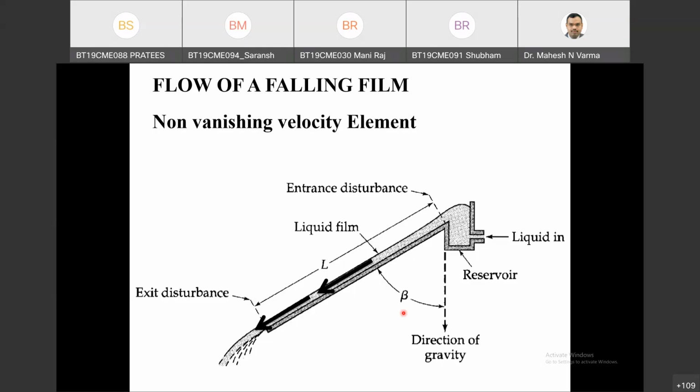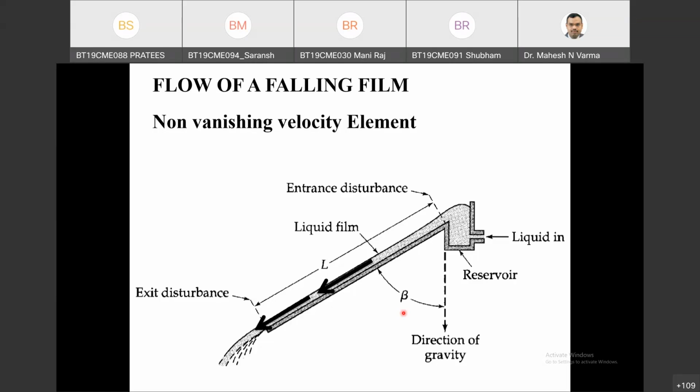So all engineering problems are solved using these three coordinate systems. One is the Cartesian coordinate system, where length, width and thickness, x, y, z, are considered, and that is rectangular. Then the cylindrical coordinate system.